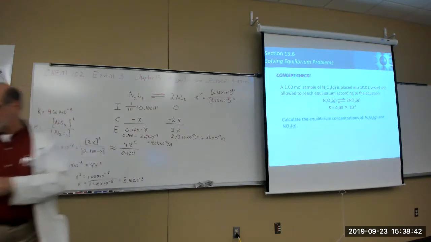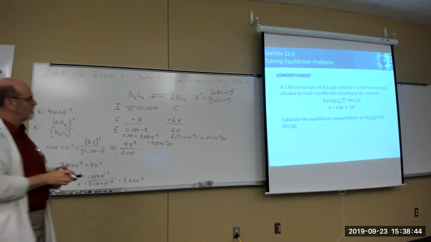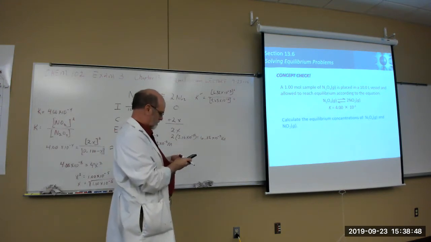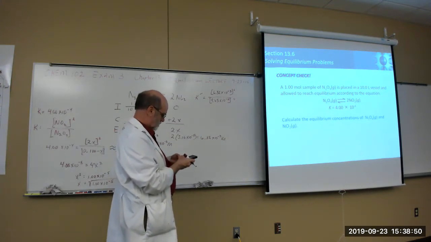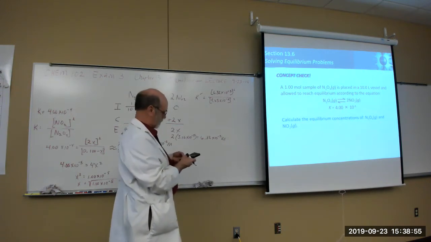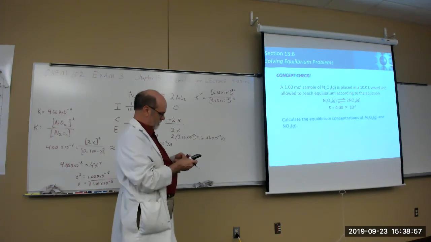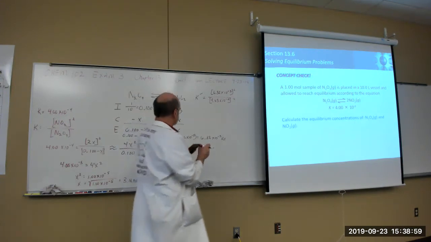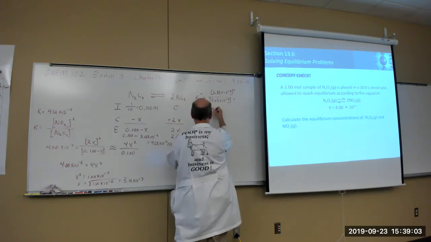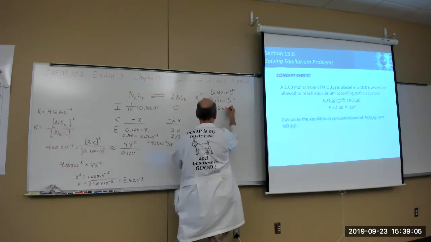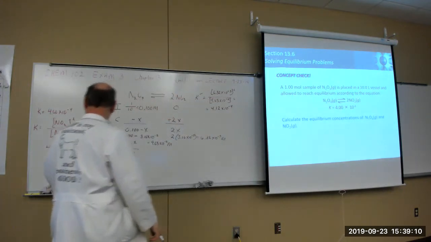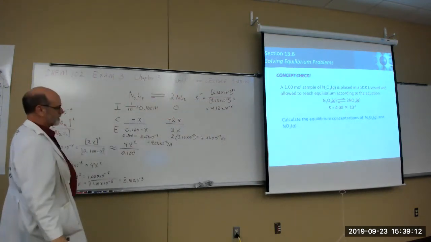That would be 6.32 exponent, change the sign, squared, and then 9.68 exponent, divide, and I get 4.12 times 10 to the minus 4, versus 4 times 10 to the minus 4.